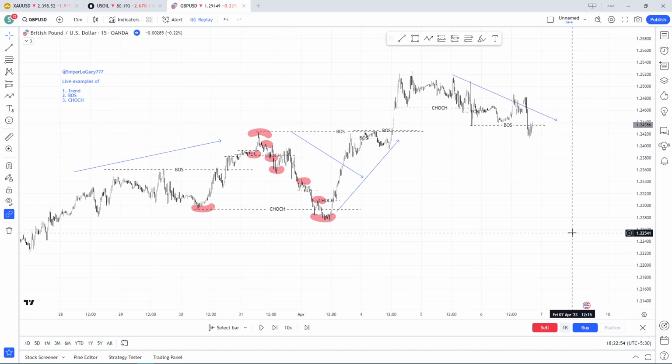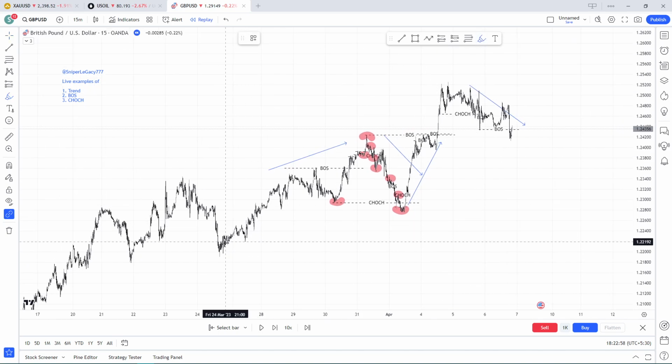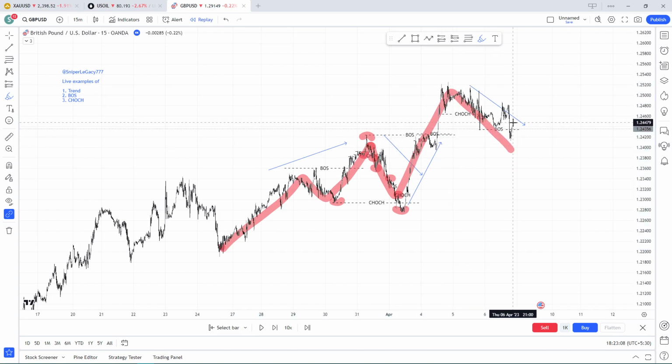But if I zoom out, the entire thing is an uptrend. Higher high, higher low, higher high, higher low, higher high. So now we are trading the counter trend to potentially find our higher low. On 15 minutes we have CHOCH and BOS, so on 15 minutes GU has turned bearish, but on the higher time frame GU is still bullish. So we are trading the counter trend here.